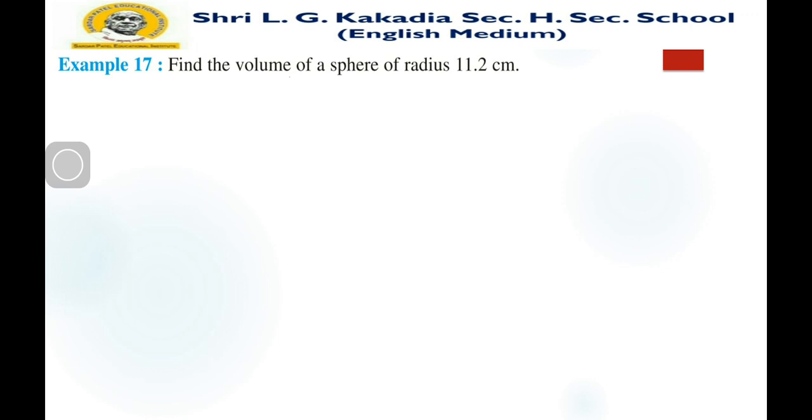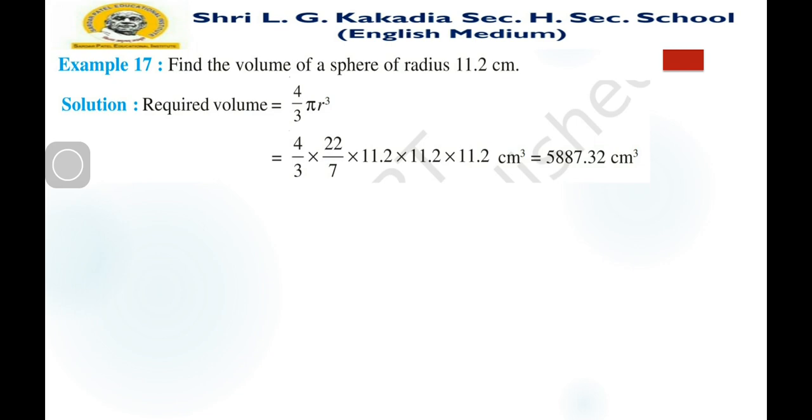Here, given the radius, we take the value of pi as 22 by 7 or 3.14. So let me find the volume of the sphere using the formula. Solution: required volume. We know that the formula of the volume of a sphere is 4 by 3 pi r cube.